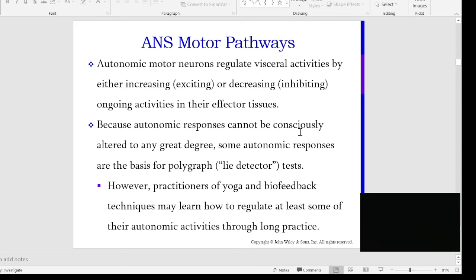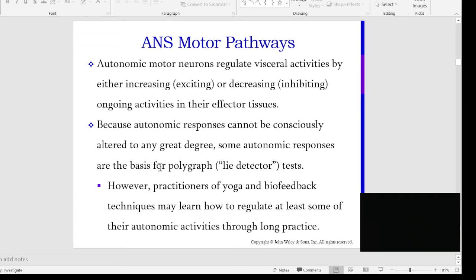Because autonomic responses cannot be consciously altered to any great degree, some autonomic responses are the basis for the polygraph, the lie detector test. It detects the response of your autonomic nervous system: the heart rate, brain waves, and eye movement. But some individuals can control these through biofeedback, such as those who practice yoga.